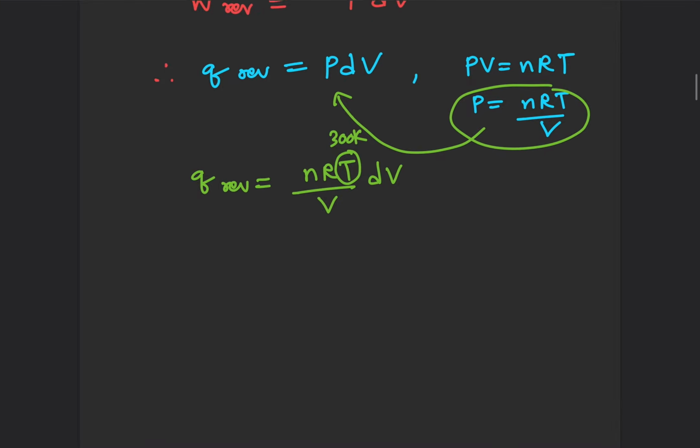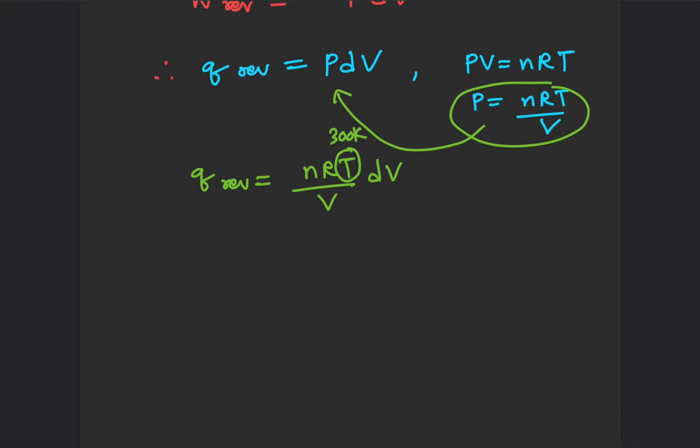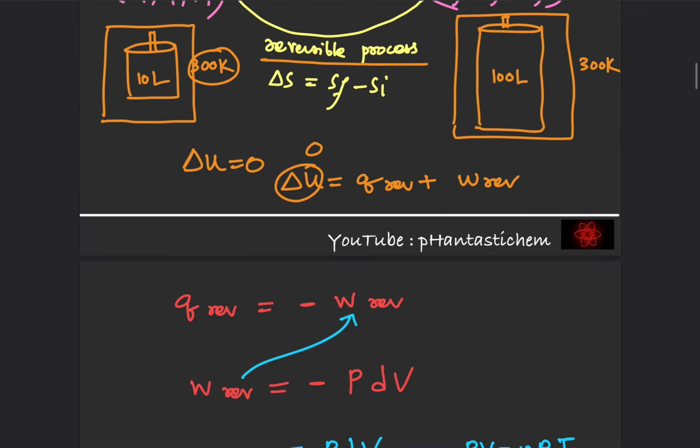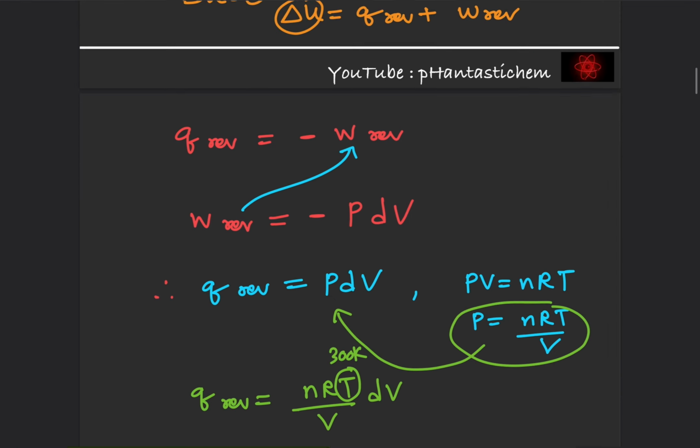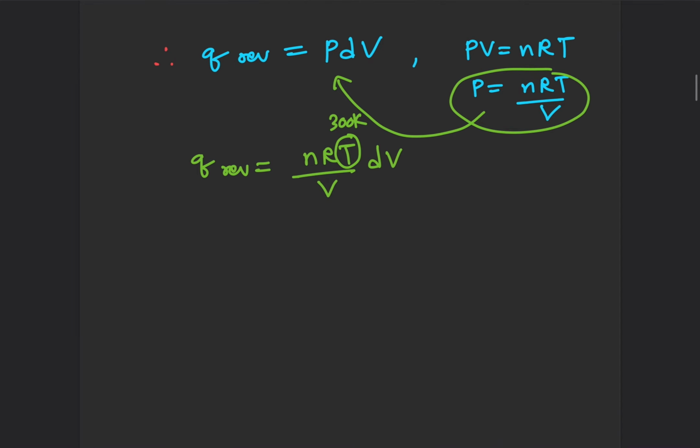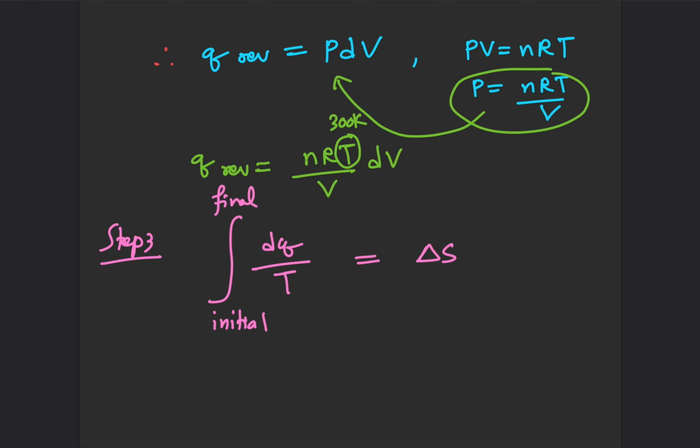Next step, what we have to do is, for the selected reversible path, where the piston expands reversibly and isothermally from 10 liters to 100 liters, calculate dq by T from initial to final. This will give you the entropy change.